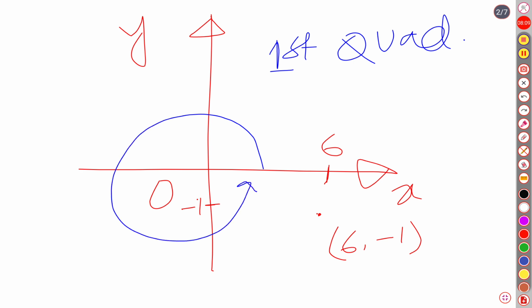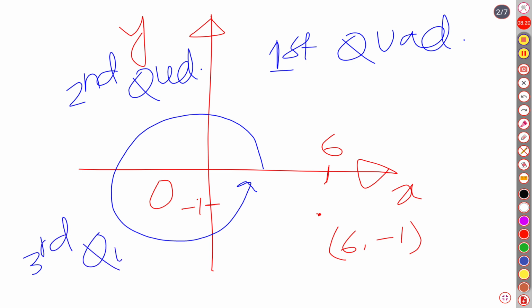So in anti-clockwise direction, this is going to be the second quadrant. Surely this is the third quadrant. And this is the final and fourth quadrant. So where did our point fall? As this is our point, this is falling in the fourth quadrant.